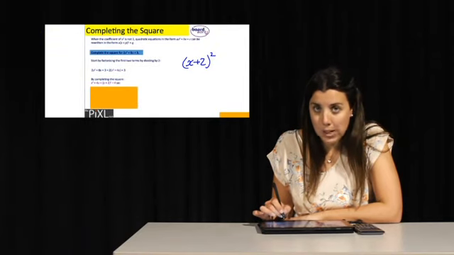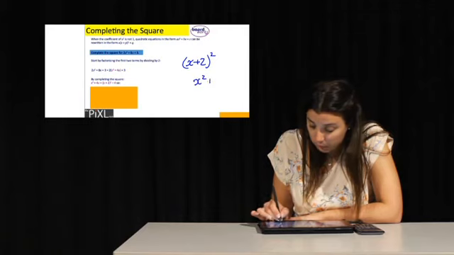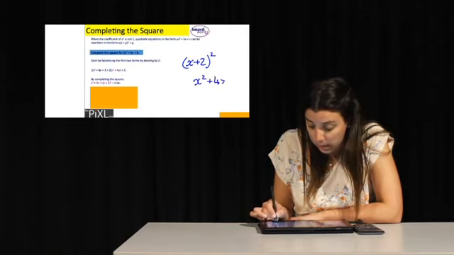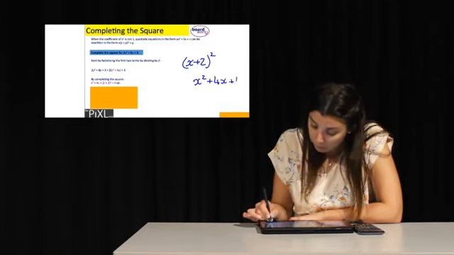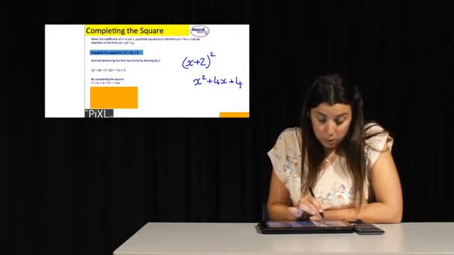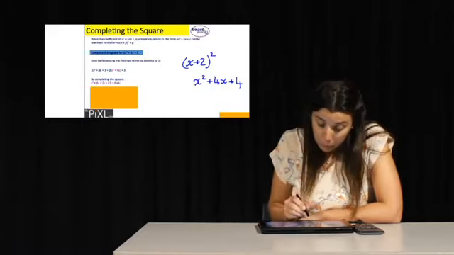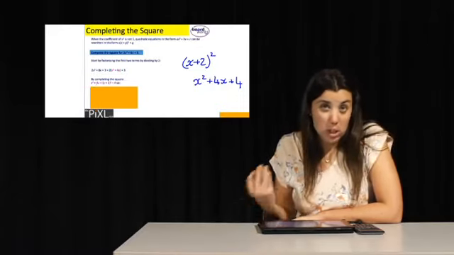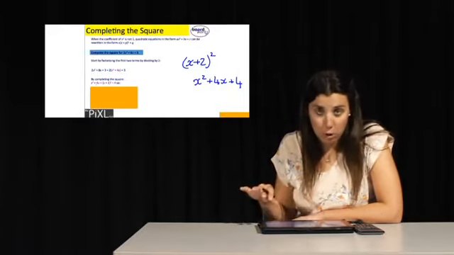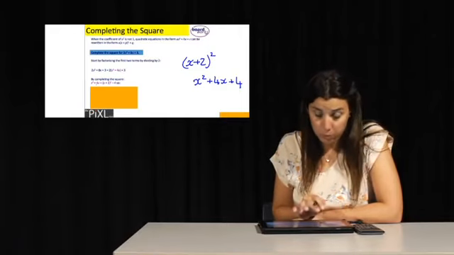If we multiply out x plus 2 squared, we are going to have x squared plus 4x plus 4. We started with x squared plus 4x. Now the 3 we're not dealing with at the moment, okay? So we don't want that 4 there, so we're going to subtract the 4, so it's going to be 0. So we have x plus 2 squared, subtract 4.